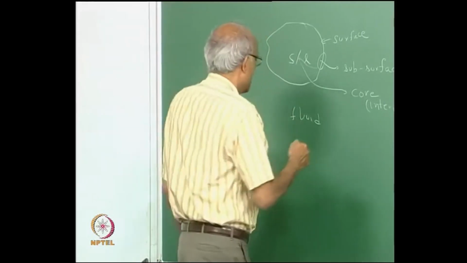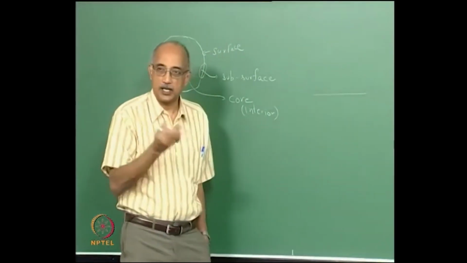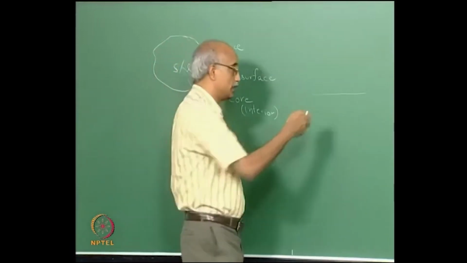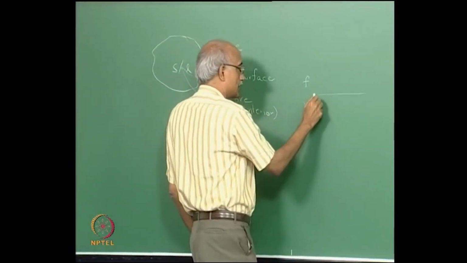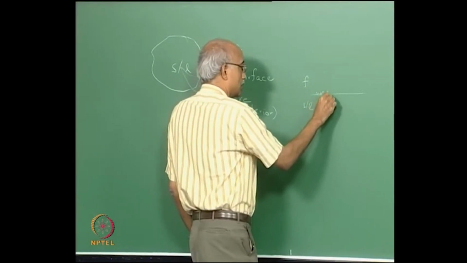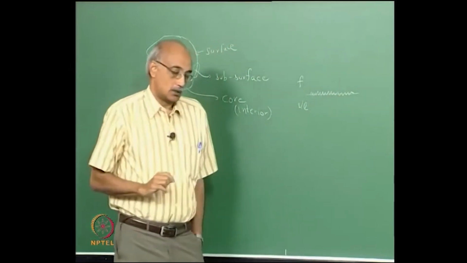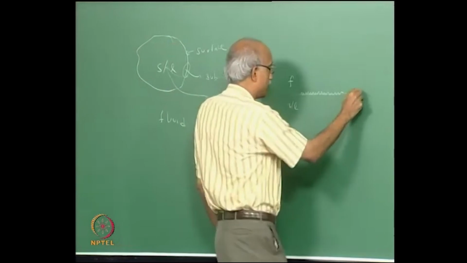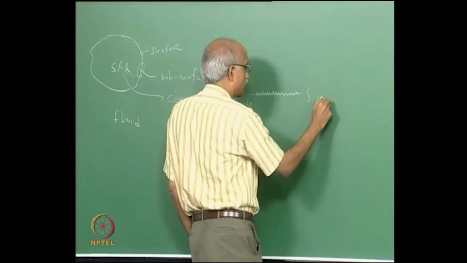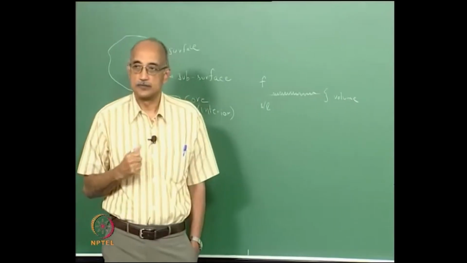So, the surface itself, it is not a clean line or plane of discontinuity between the fluid phase and the solid or liquid phase. Instead, you see a roughness profile on the surface of the particle. So, what that means is this interface is now actually a volume, because it has 3 dimensions to it.